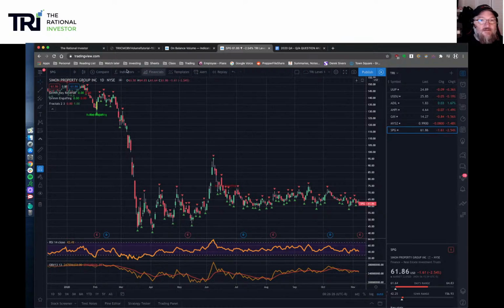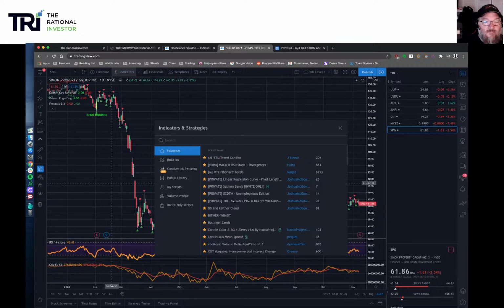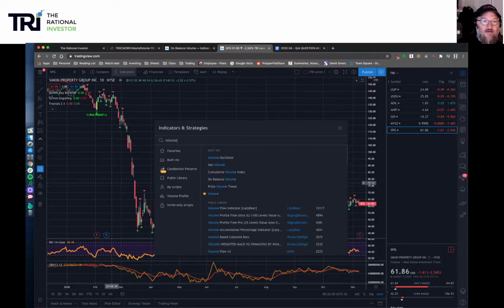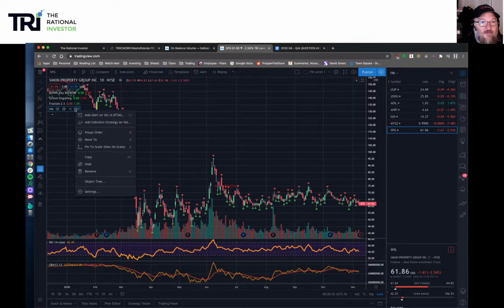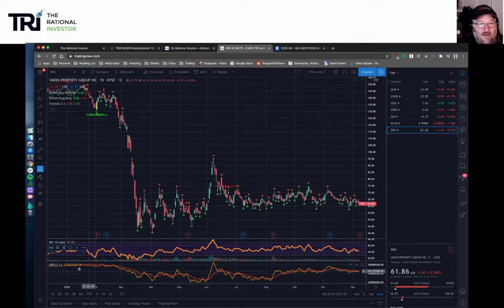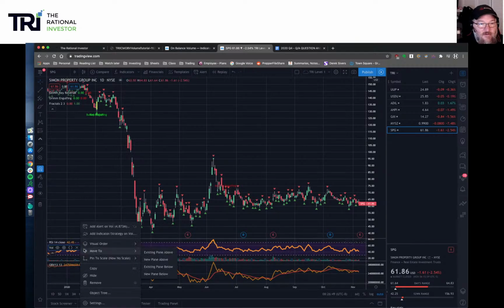Okay, so let's add volume on here, and I'll show you how we put that down. So we choose the built-in volume here, and any indicator we can move down to other panels, right? So I take volume, I hit these three dots, I go move to existing pane below, and that puts it with the RSI, and then I'm going to do it again.